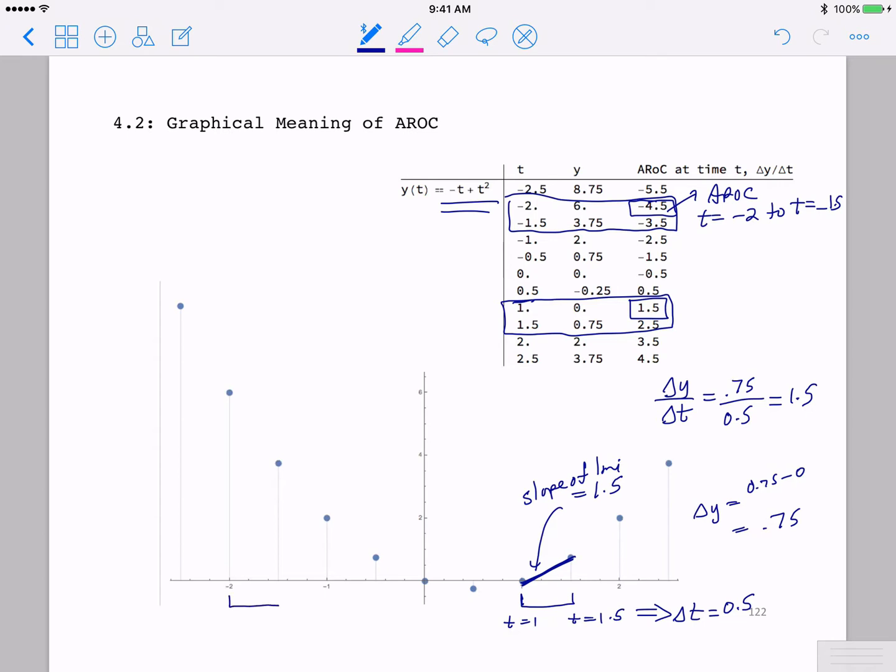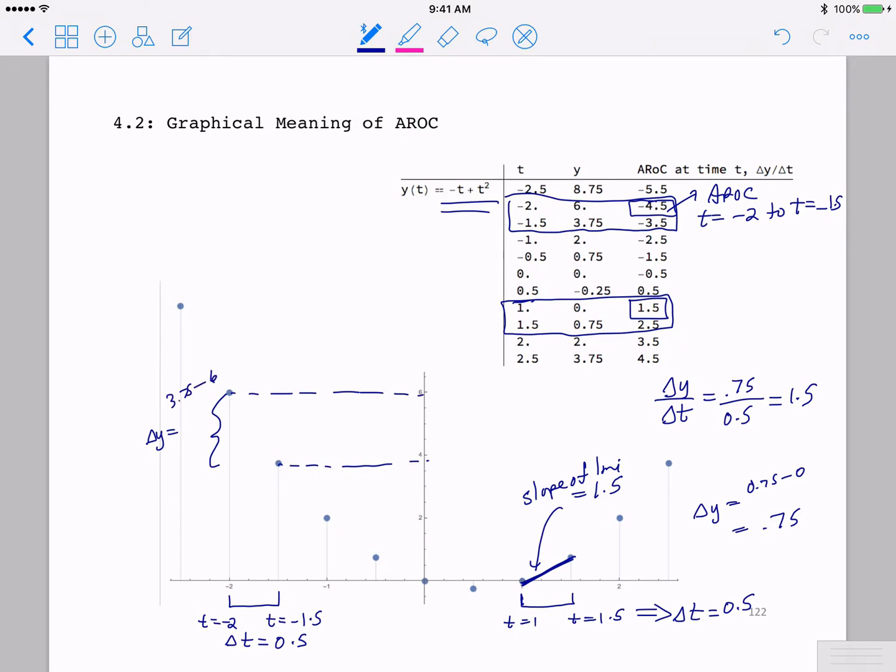What we're seeing there is the values t equal to -2 and t equal to -1.5. Therefore, delta t is equal to 0.5. The change in the y values, right? Here's the y value for one of the points, here's the y value for the other one. So the change in these y values is 3.75 minus 6.